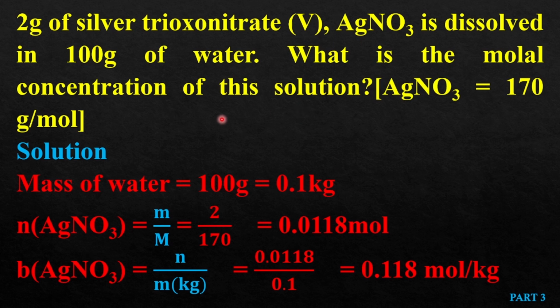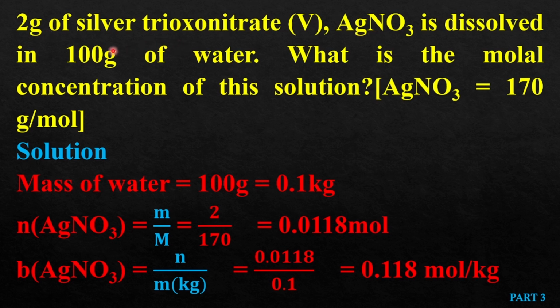Now let's look at this question here. We have 2 grams of silver trioxonitrate, that is AgNO3, which is dissolved in 100 grams of water. What is the molar concentration of this solution? Now let us deduce from this question. In this question, we have the mass of AgNO3, that is 2 grams.